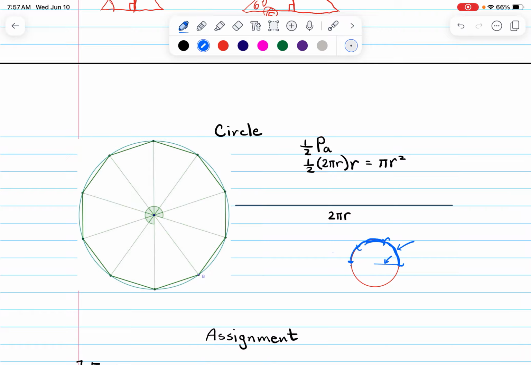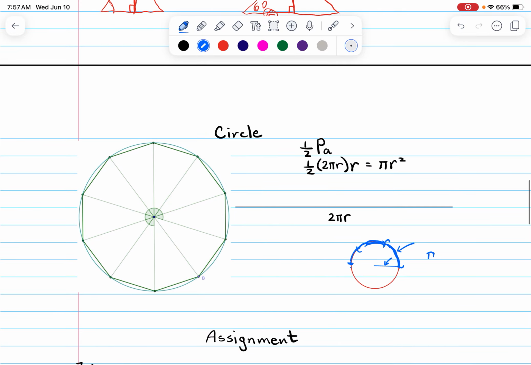Well, the number of radius lengths you would get there is pi, 3.14. Not exactly that, but approximately 3.14. That's how many radius lengths fit around half of a circle. I said you don't quite get there, but you do.